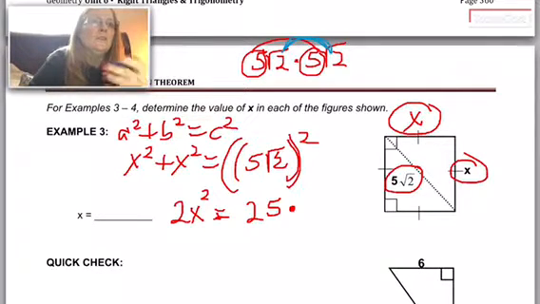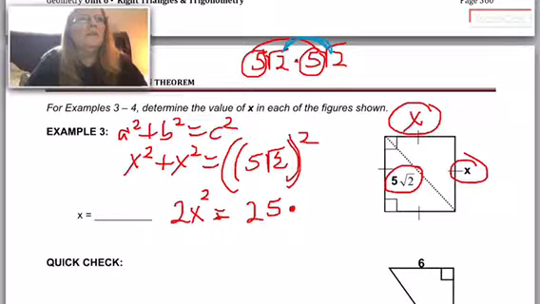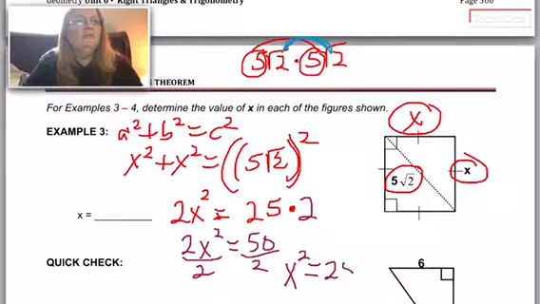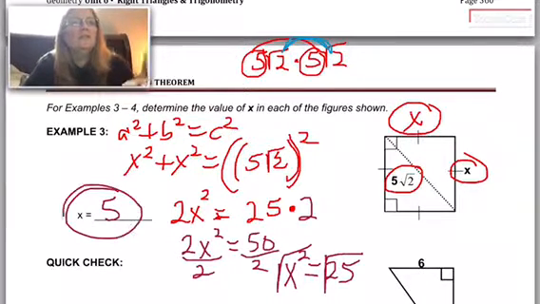And you can use your calculator to check, but the square root of 2 times the square root of 2 is 2. And so we'll have 2x squared equals 50. Divide both sides by 2. x squared equals 25. So x is equal to the square root of 25, which is 5.